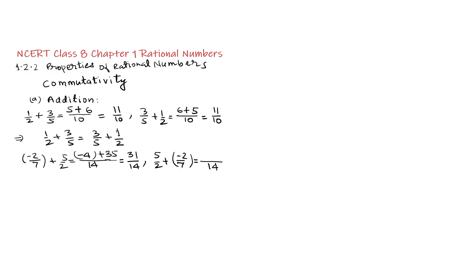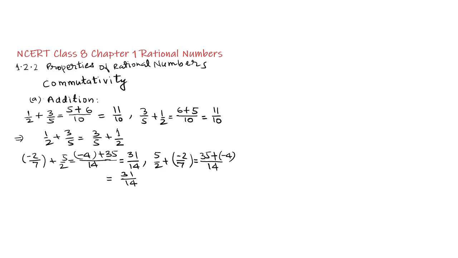Thus we multiply 7 by 5, which gives us 35 plus, now we divide 14 by 7, we get 2, then 2 times minus 2 is minus 4. This gives us 35 plus minus 4 equal to 31 upon 14.